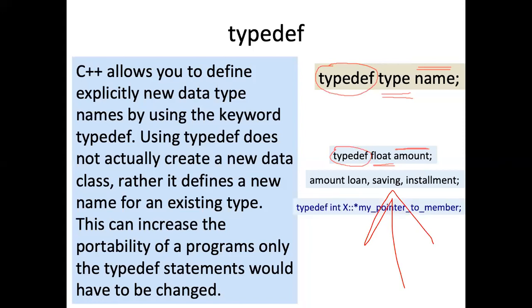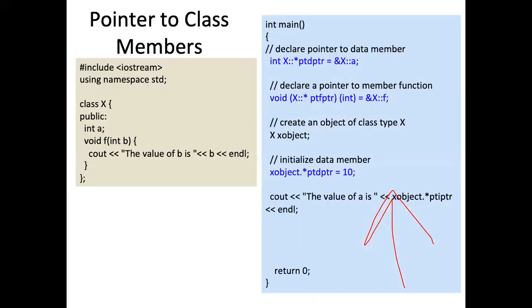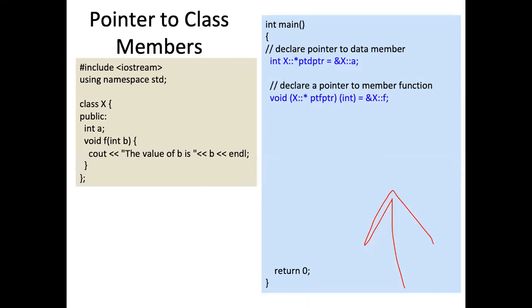Right? So now let's say कि मैंने यहाँ पे देखें, यहाँ पे मैंने I've just given a few definitions. So this is a declaration of a pointer that points to a data member. ठीक है, और इसके नीचे जो है that is a declaration, that is a pointer to a member function. So what is this?